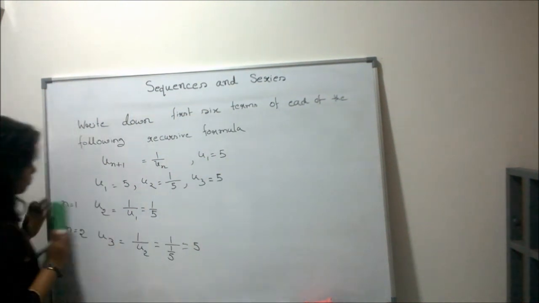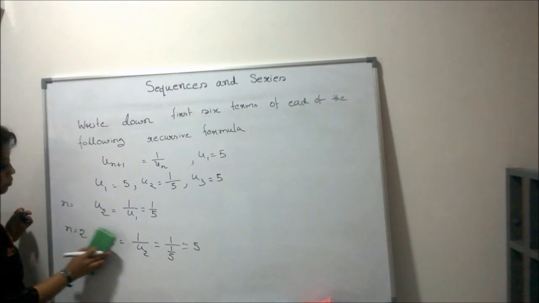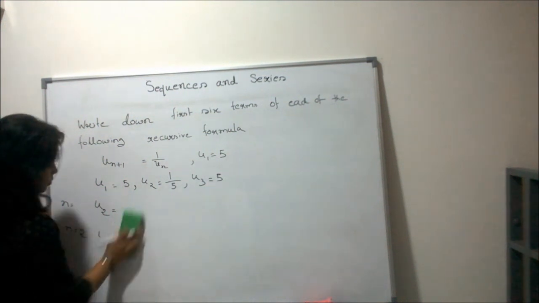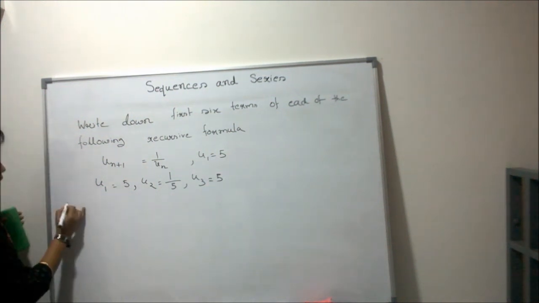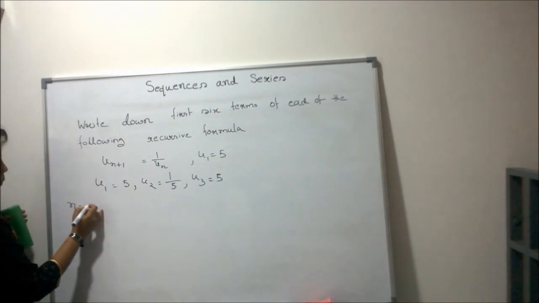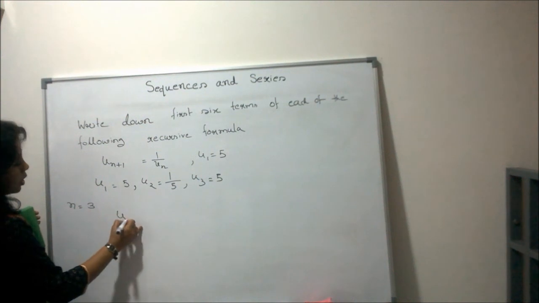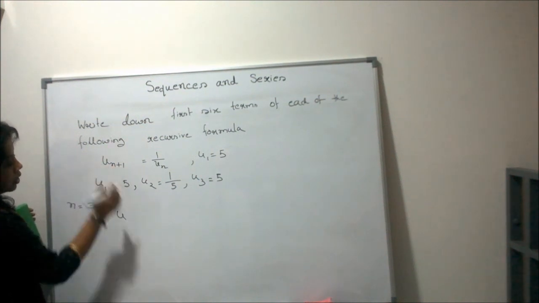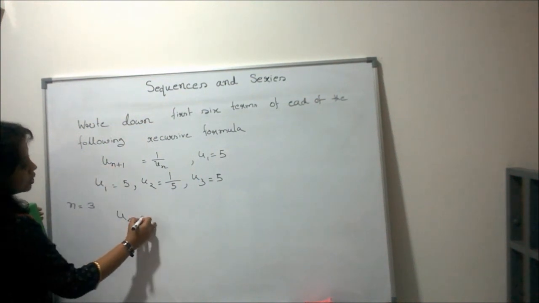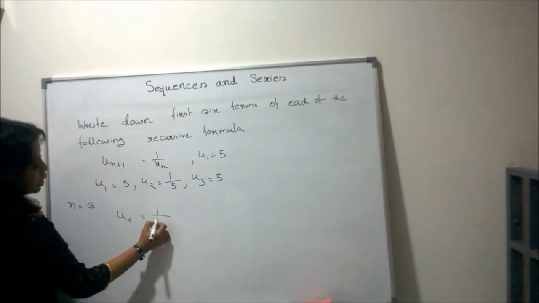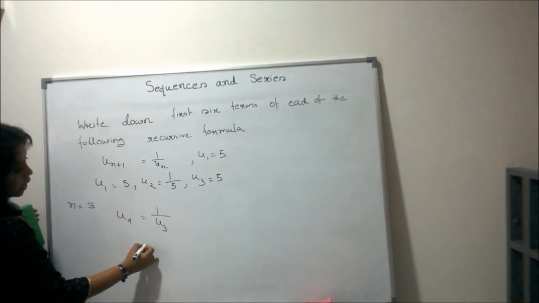Now for n is equal to 3. Putting n is equal to 3, u4 is equal to 1 by u3.